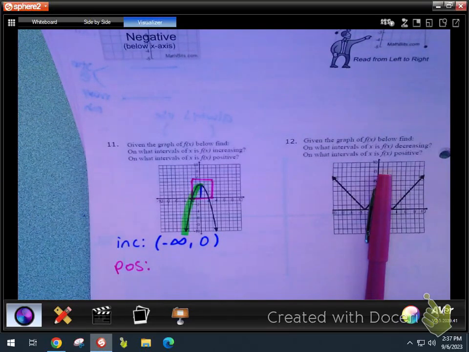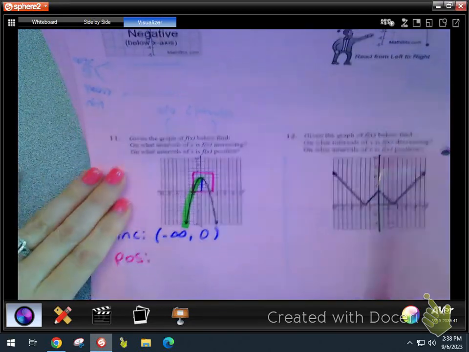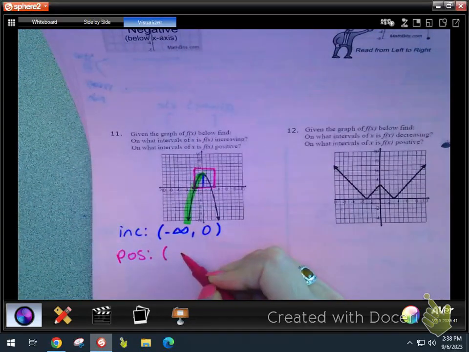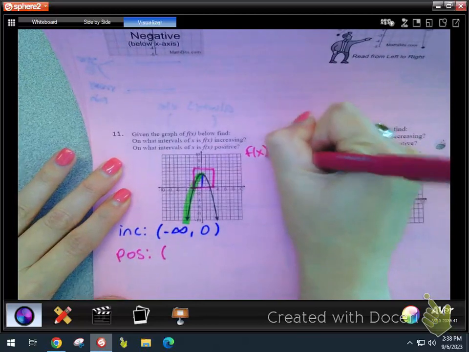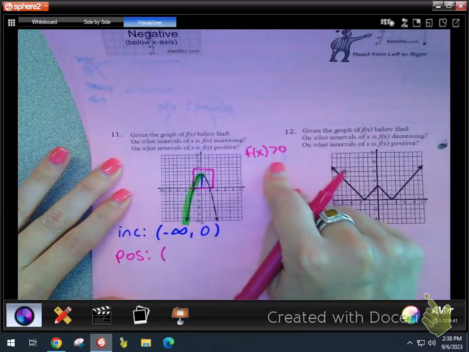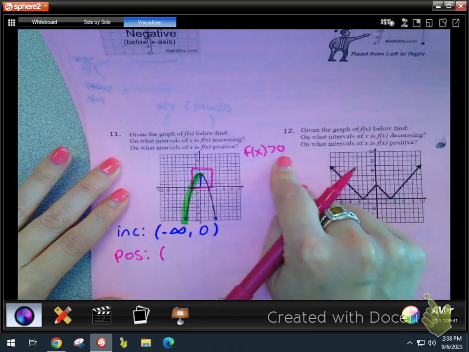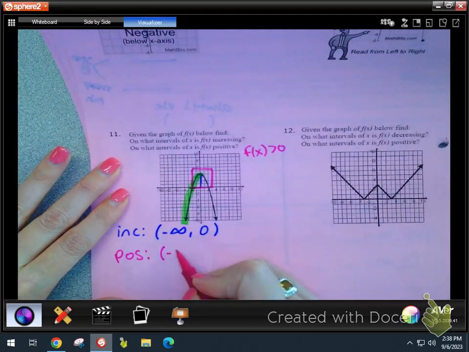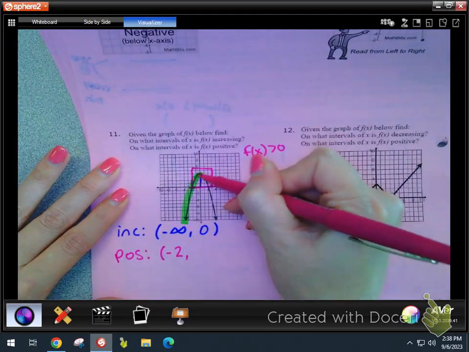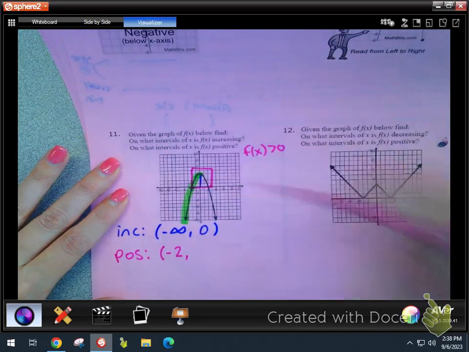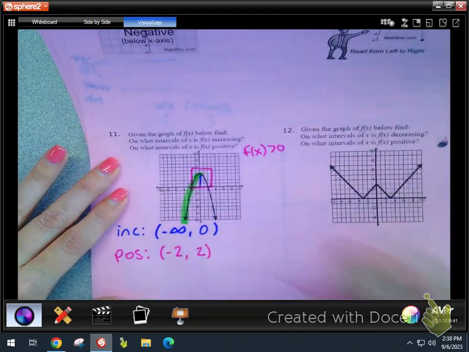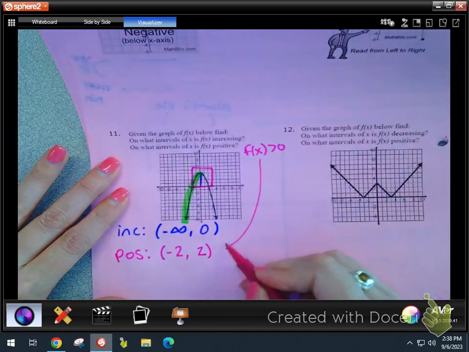Even though it changes concavity, it's still positive, so I don't have to stop at that little maximum. I want to talk about the roots, which you are right, there are 2 of them. Where does it start being positive? Negative 2. Now it's just asking for positive, which would mean f of x is just greater than 0. I'm going to use this notation because this is what Delta Math does. 0 is not positive, so I'm using parentheses. Negative 2 is where it starts being positive. It turns around, but it stays positive until where? Positive 2, parentheses. Okay, that's this one.